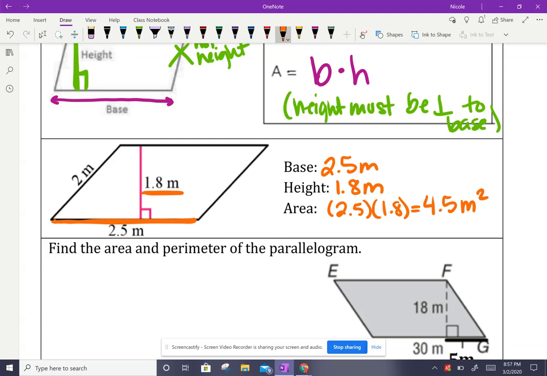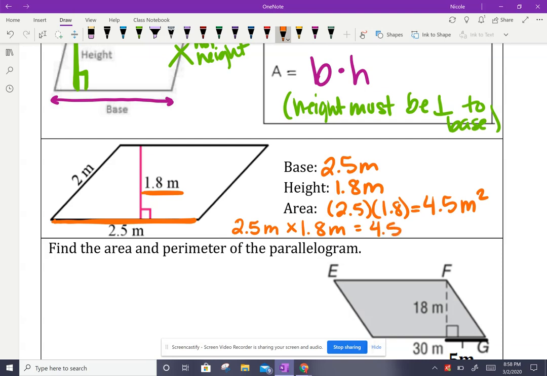So something you have to get in the habit of remembering is that anytime you deal with area, you are going to have to square the units because you're multiplying 2 meters by each other. So if I rewrite this, 2.5 meters times 1.8 meters. The 2.5 and the 1.8 I can multiply together and get 4.5.